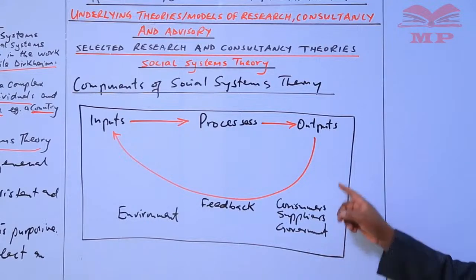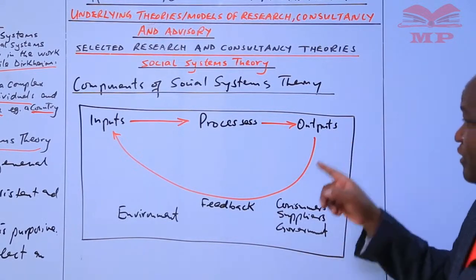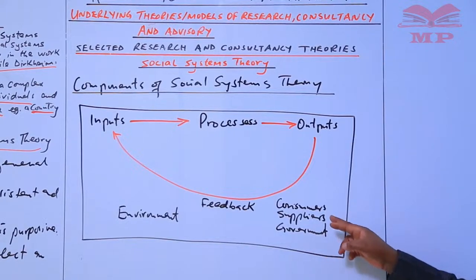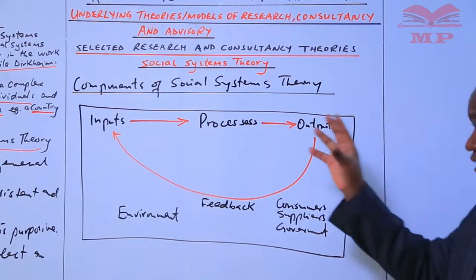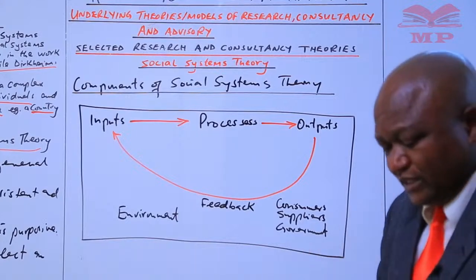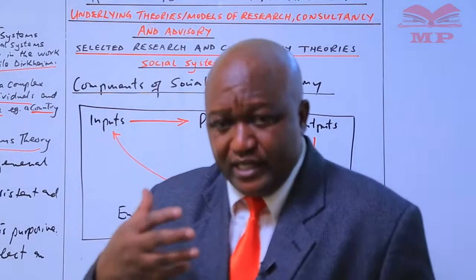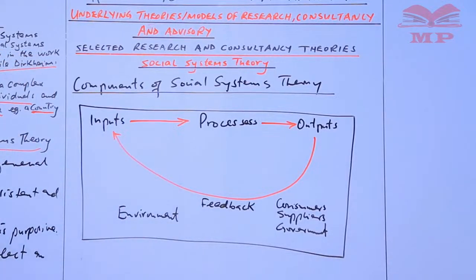And then from the outputs, the consumers will be there. Suppliers will also be interacting with this system and providing the inputs, like energy, regulation by government, price controls and so on. So these would form the components of a social system that is continuously interacting with its environment to be able to provide goods and services within that particular working context.